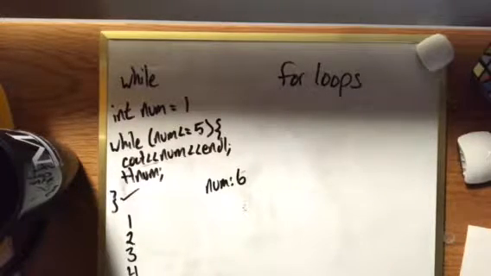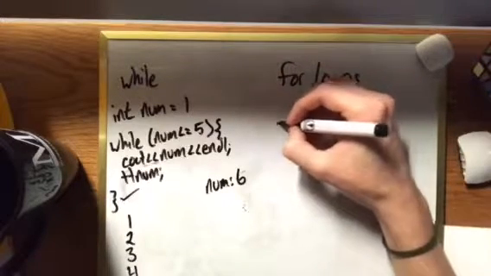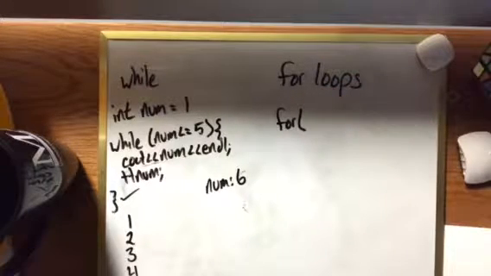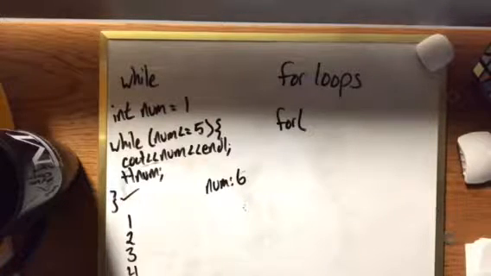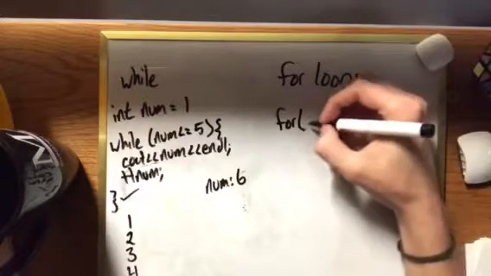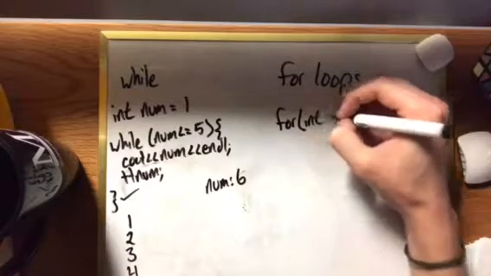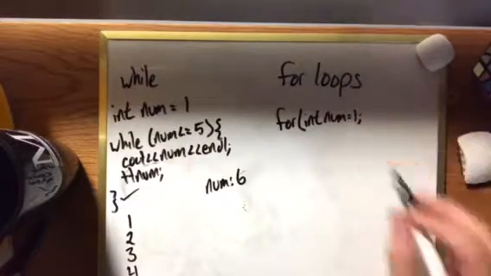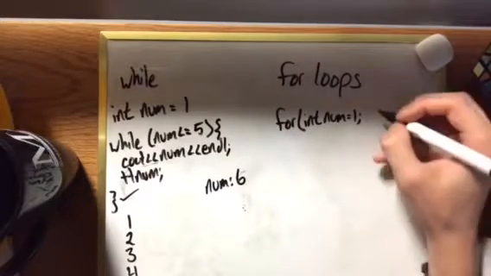So another way to do this is using a for loop, which functions very similarly. The for loop has 3 clauses, or statements, in it that determine the condition. You can start by declaring your value for num inside the parentheses of the for loop.